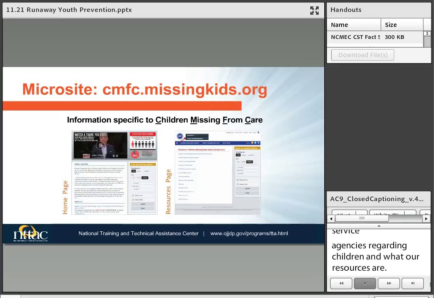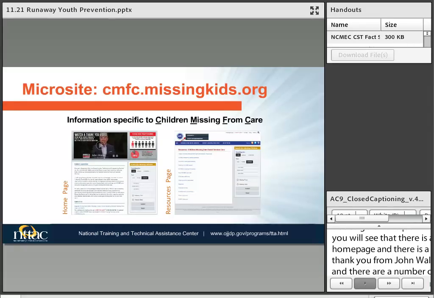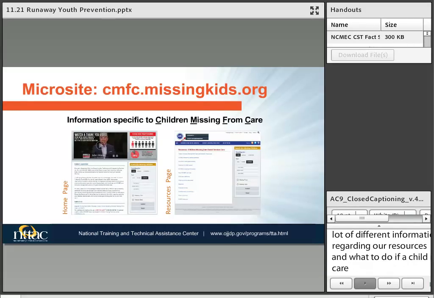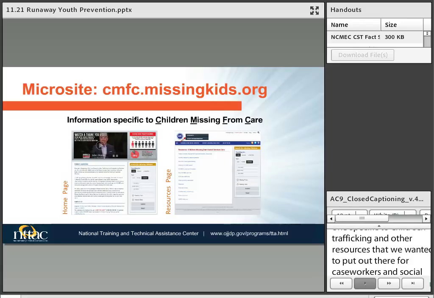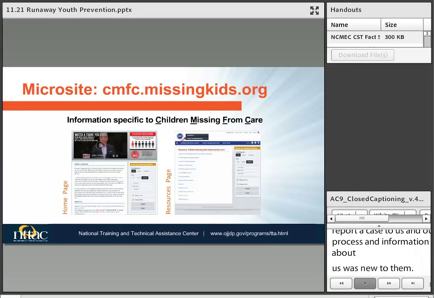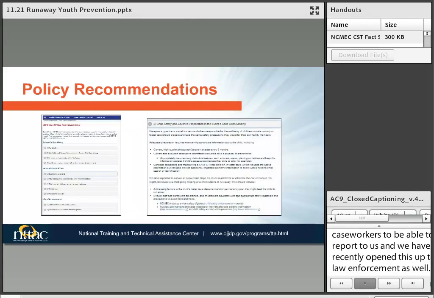We have one specific to child sex trafficking, and other resources that we really wanted to put out there for caseworkers and social workers who were going to report a case to us, and for whom our process and information about us was new. On this microsite is the online reporting portal that we created for caseworkers to be able to report to us a missing child case, and we've recently opened this up to law enforcement as well. So this is our public-facing microsite that we created specifically for this.